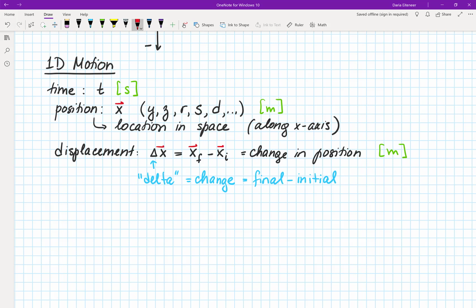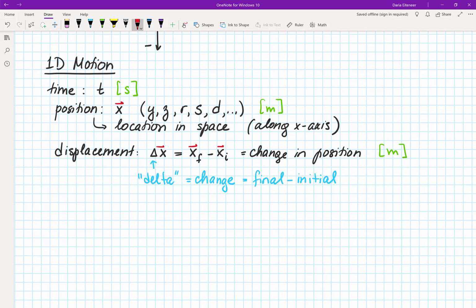So I'm going to draw this vector arrow with a different color because as a rule, when we talk about one-dimensional motion, we don't indicate that x is a vector. It's kind of implied because motion could be to the right or to the left. Position could be to the right of the origin or to the left of the origin, but we just ignore that piece.